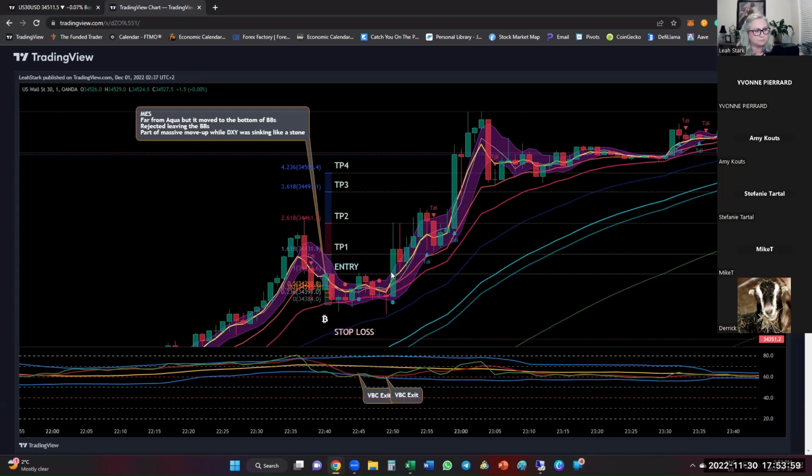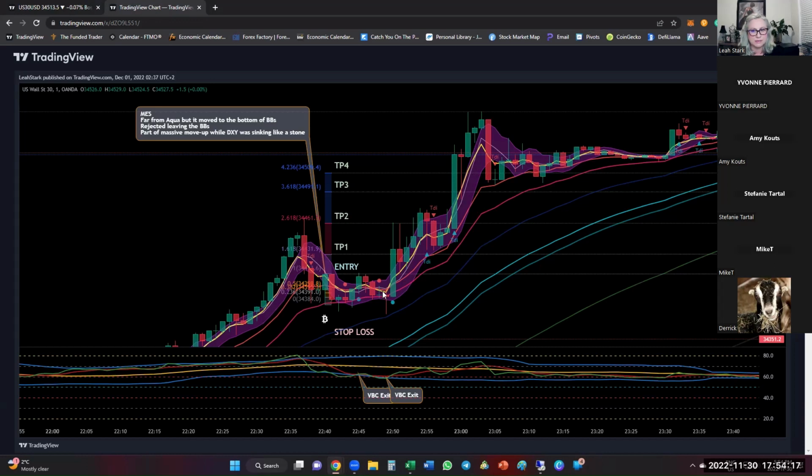Also, one of the wins from this was that when I entered this trade, I didn't move my stop loss. It did end up getting trailed up, but I was actually fully comfortable with the risk of taking that trade.